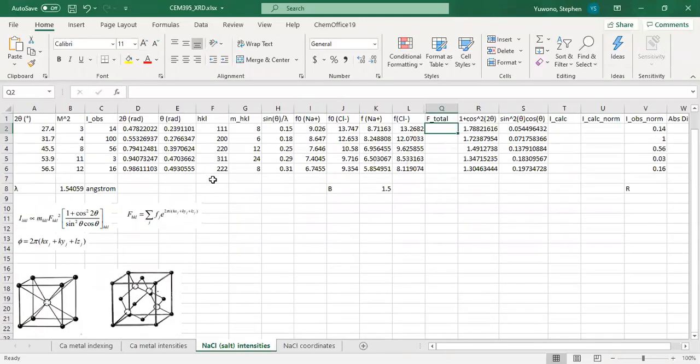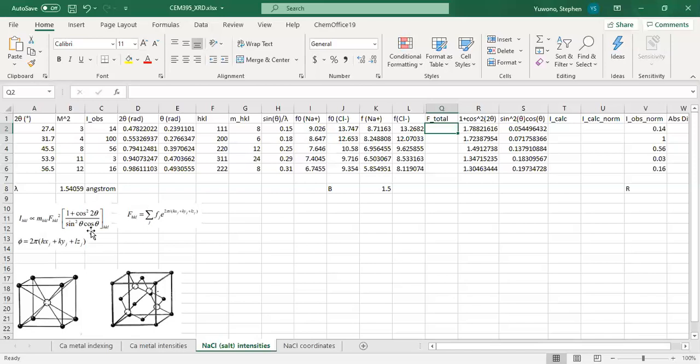So now, if we take a closer look at what is inside the exponent, we see that it's 2 pi multiplying the HKL index and the XYZ coordinate of the ions sitting in your unit cell, being a dot product of them. So H times X, K times Y, L times Z.